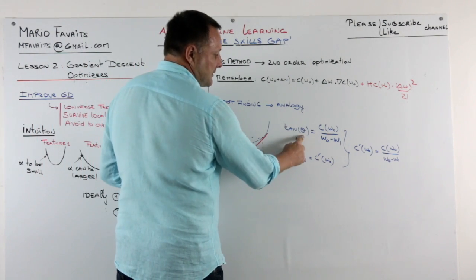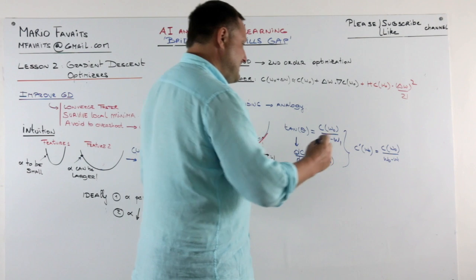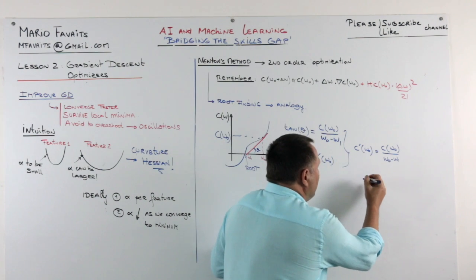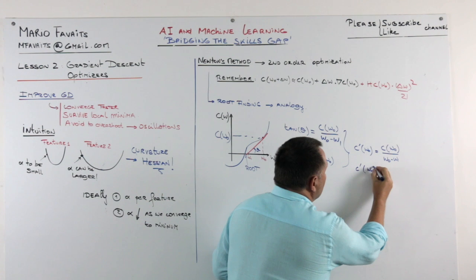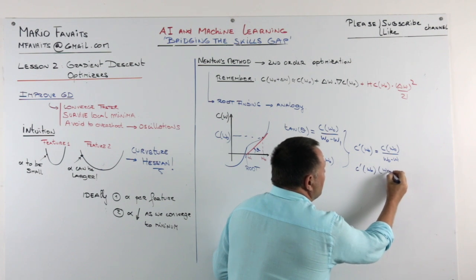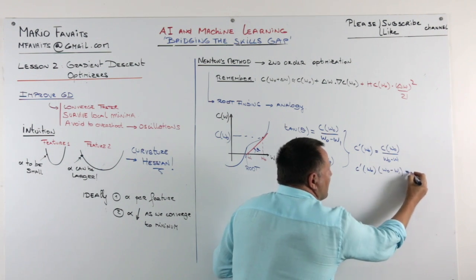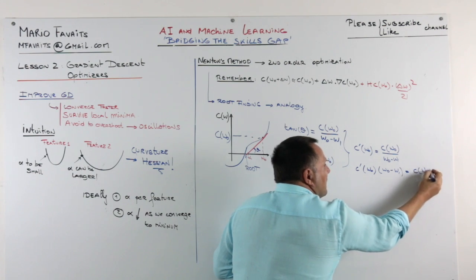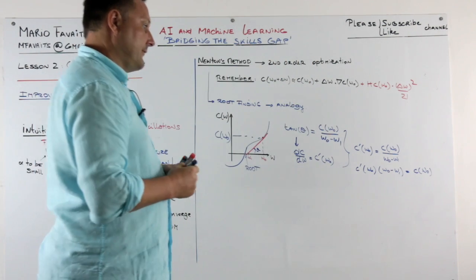I replace this one by this one. So C prime W0 times W0 minus W1 equals C of W0.